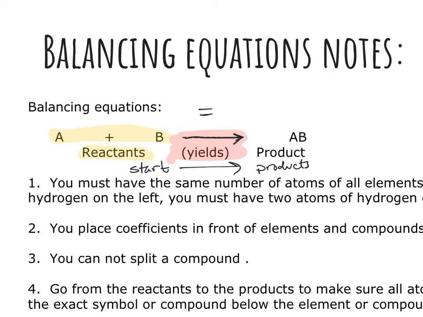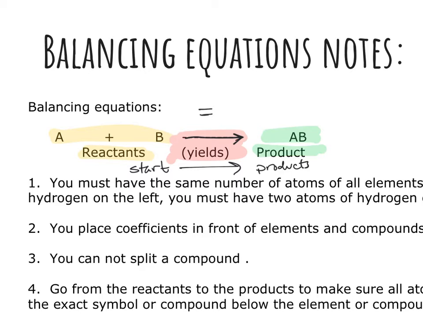Product side over here, I'll highlight in green. So this is what a chemical equation looks like. You've got some reactants, an arrow, and some products. You could have one reactant, you could have two reactants, you can have any number of reactants, any number of products. But you start with the reactants on the left-hand side, and you yield with the arrow the products on the right-hand side.